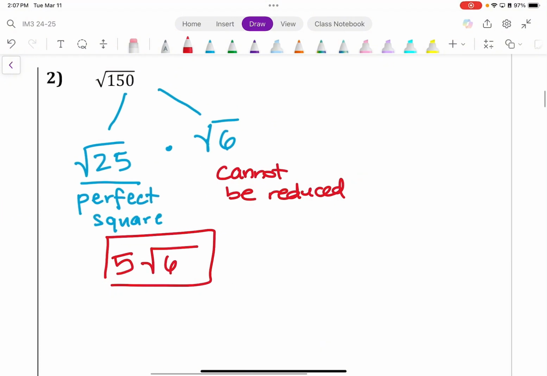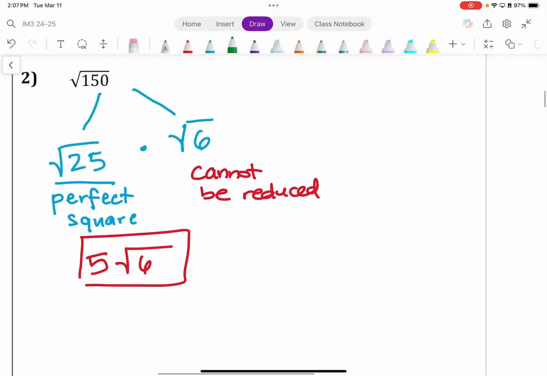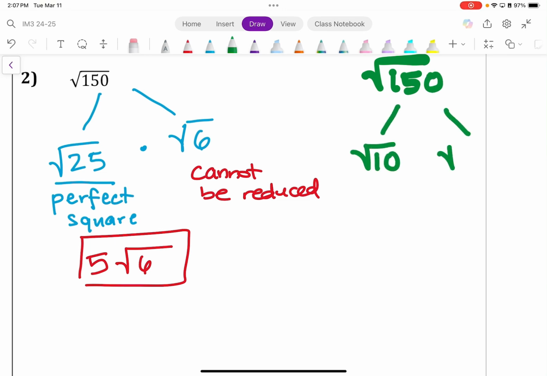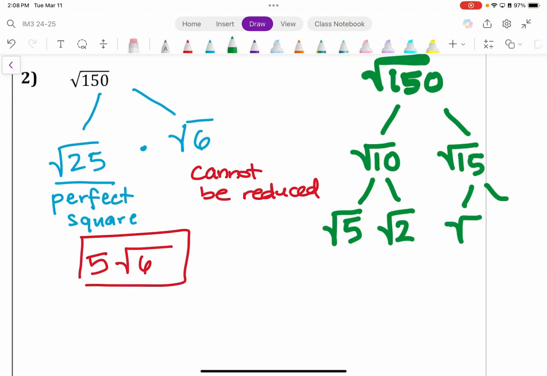Now, don't write this down, but I'm going to do it the other way. Let's say that I had gone with Noah's numbers, 10 and 15. I would have needed to break 10 down to 5 and 2, and then I would have needed to break 15 down to 5 and 3.